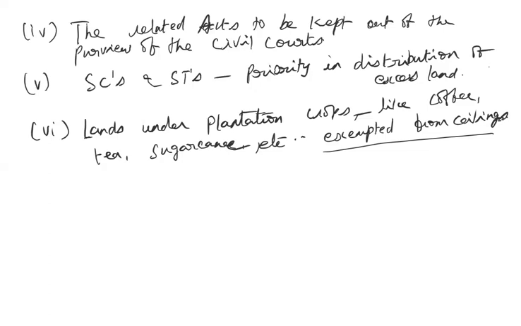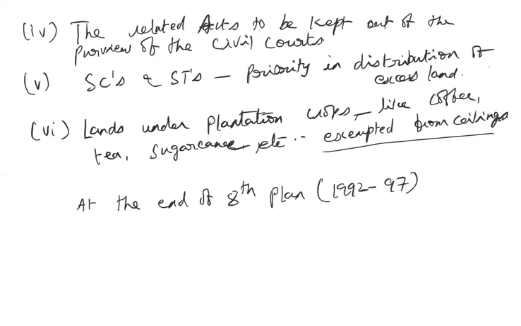First, there was a gap between whatever land the government declared as surplus, how much land the government has taken over, and how much of the taken over land the government has actually distributed. Based on the data, at the end of the eighth plan, which is between 1992 and 97, this was the time the economic reforms were also introduced in our country, if you remember.